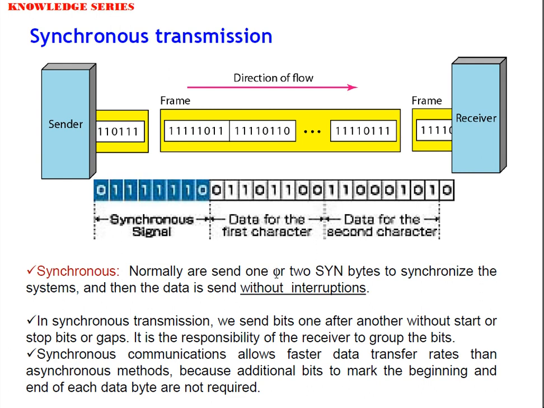Normally one sends 1 or 2 synchronous bits to synchronize the systems and then the data is sent without interruption. In synchronous transmission, we send bits one after another without start and stop bits or gaps, just like in the asynchronous case. It is the responsibility of the receiver to group the bits.